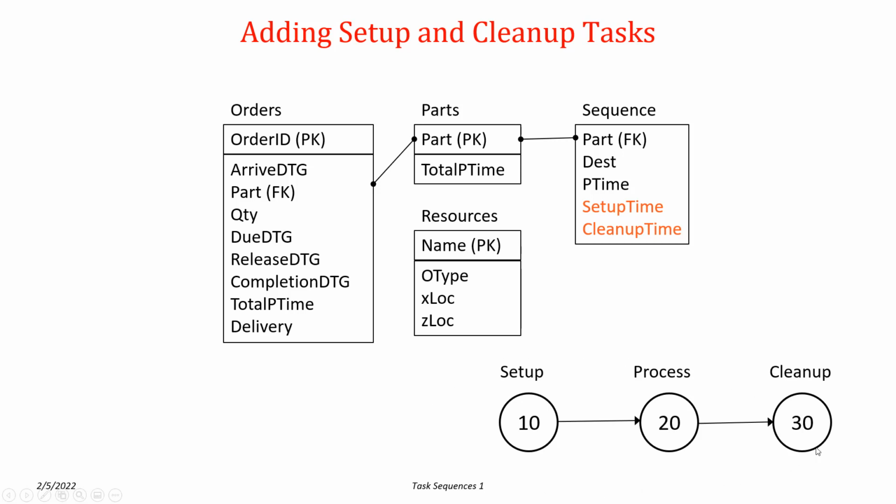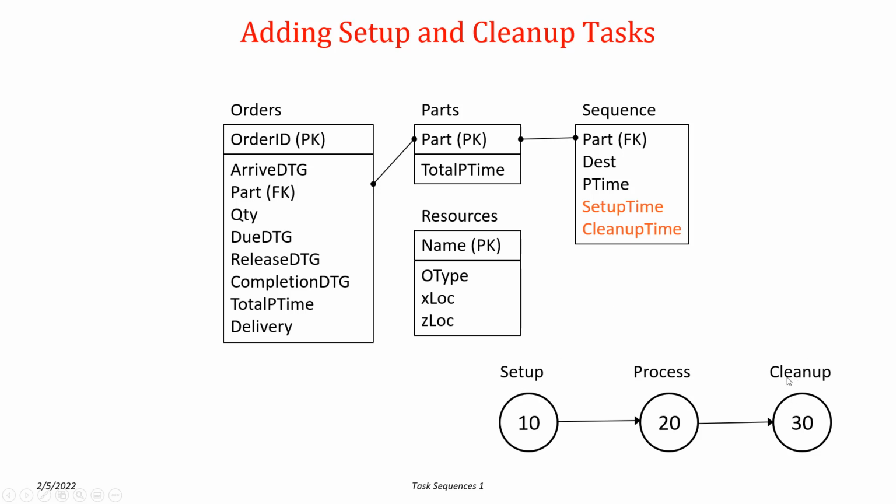This is the task sequence that we will implement: three sequential steps. Step 10 is a setup, step 20 is a process, step 30 is the cleanup. We'll also see that our setup and cleanup operations are both conditional. So if, for example, the setup time for a particular operation is 0, then we don't want this task to occur.